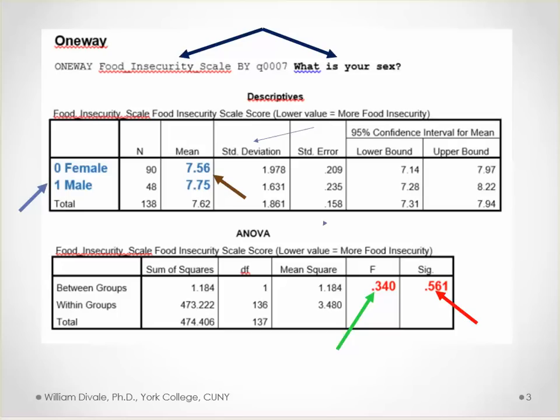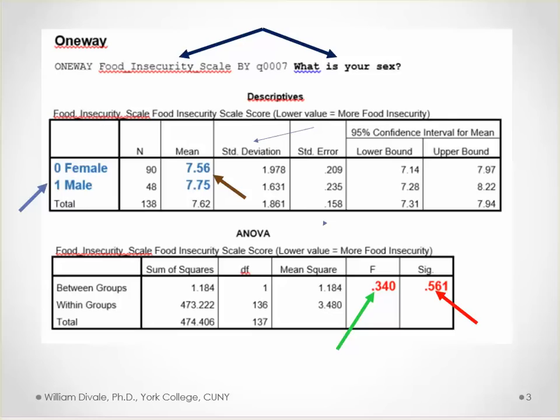And the small blue arrow refers to the standard deviation, which gives you an idea of what the average amount of variation in scores are within each subsample. Now, the lower chart shows the Anova results. What I need for you to focus on is the F score, which is the Anova F statistic, and that's a number.